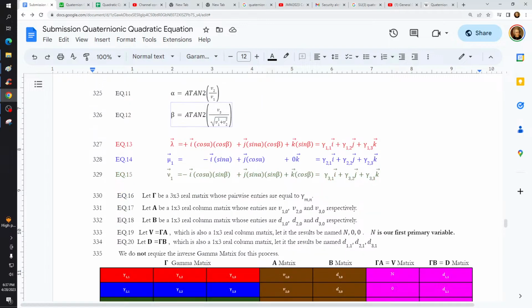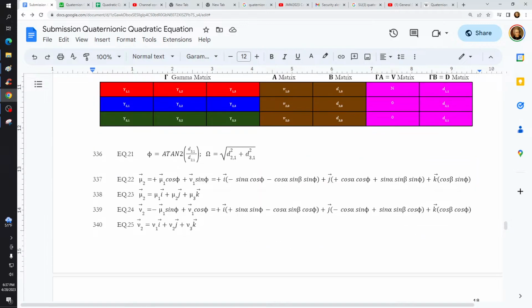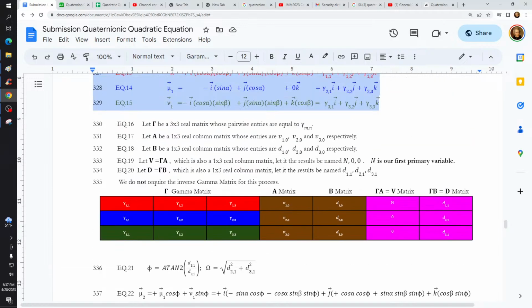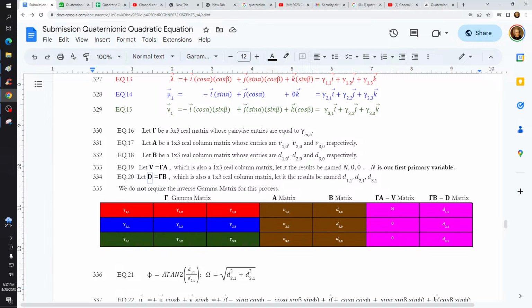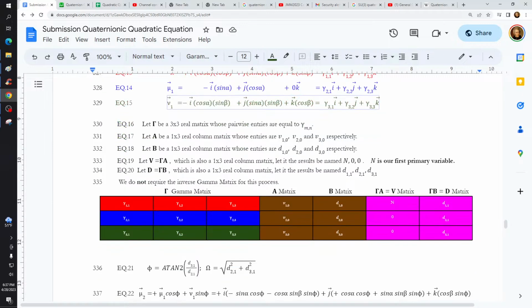Using the arctangent arguments for alpha and beta, we also get the other two orthogonal axes to lambda, the generic ones, mu1 and nu1. Then we convert D into that form, okay? We convert it from IJK form to lambda, mu1, nu1.